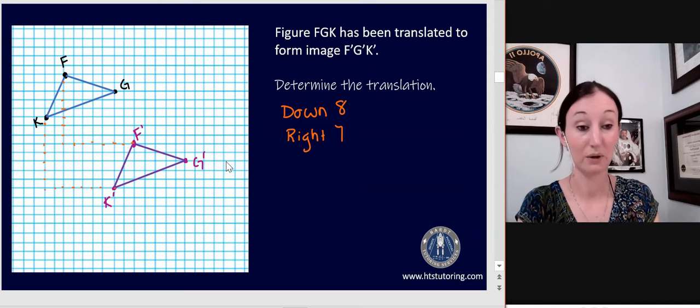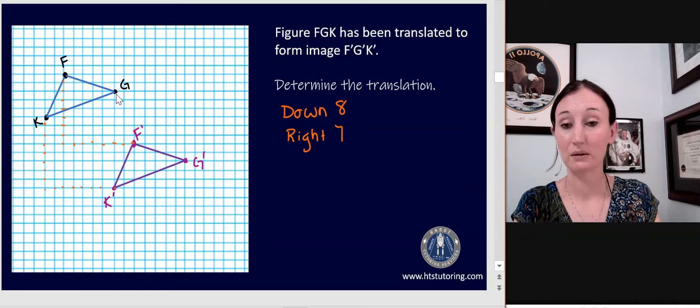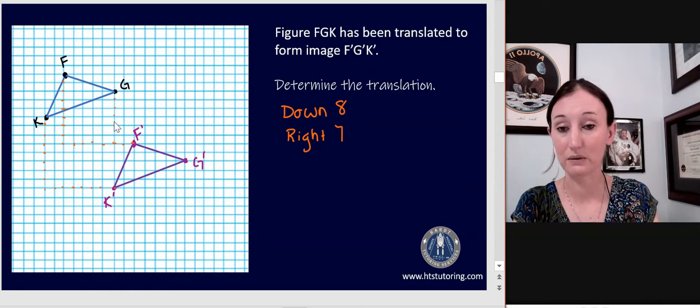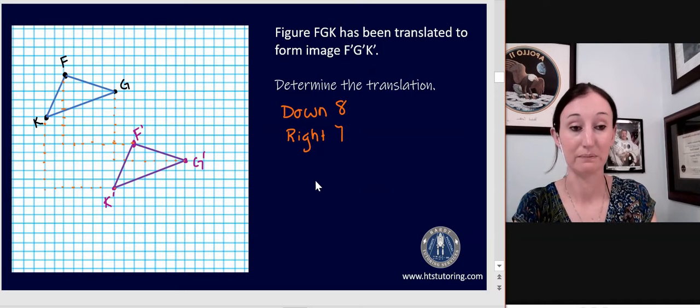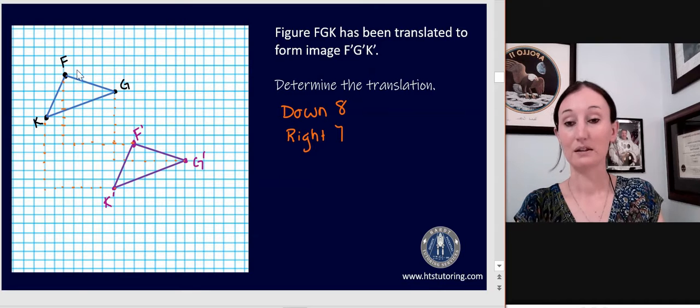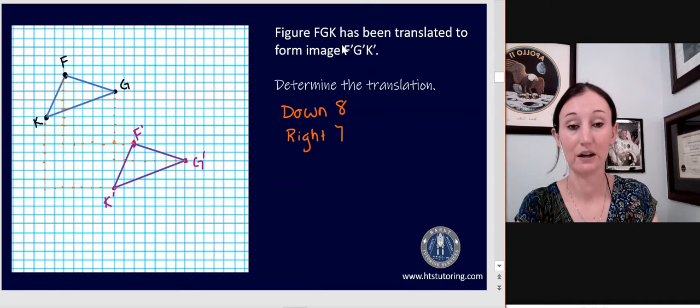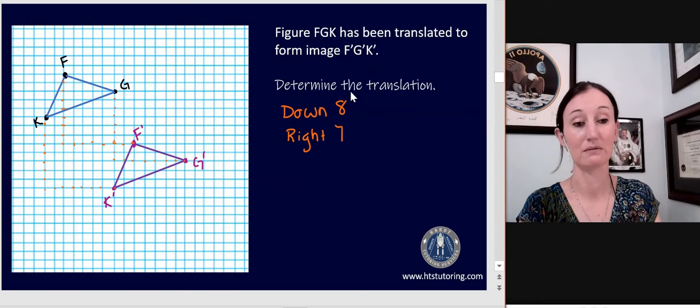Right 7. Okay, so K is correct. What about G? 1, 2, 3, 4, 5, 6, 7, 8, down 8, and 1, 2, 3, 4, 5, 6, 7. Right 7. Okay, so this figure, FGK, has been translated 8 units down and 7 units right.